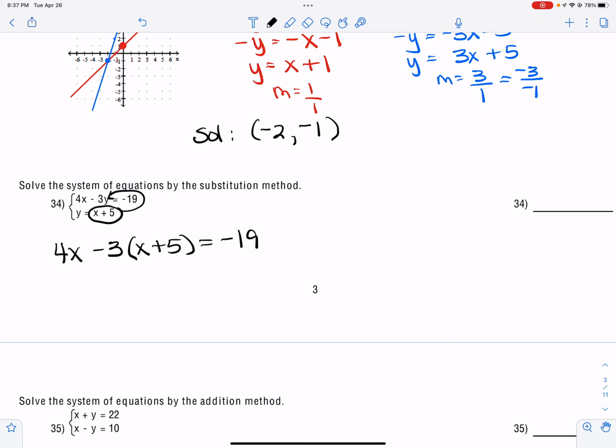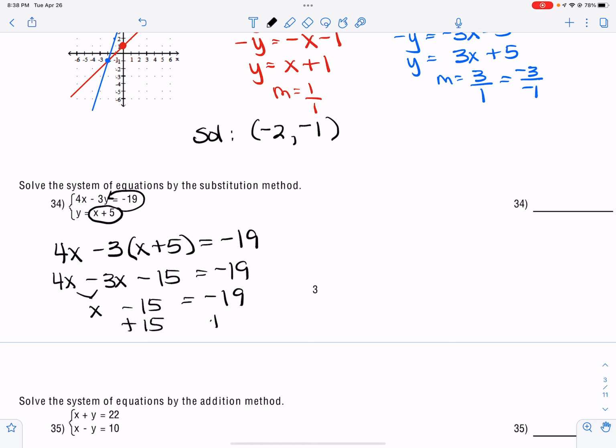My goal is to get one variable, and so now I have 4x minus 3x minus 15 is negative 19. This makes x minus 15 is negative 19. And now I add 15 to both sides so that I get x is negative 4.